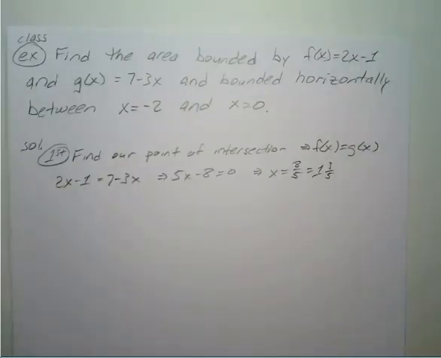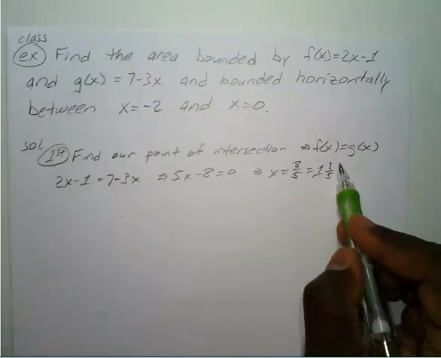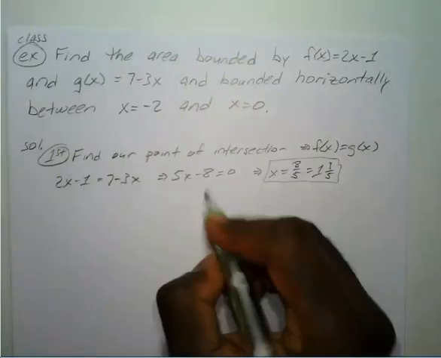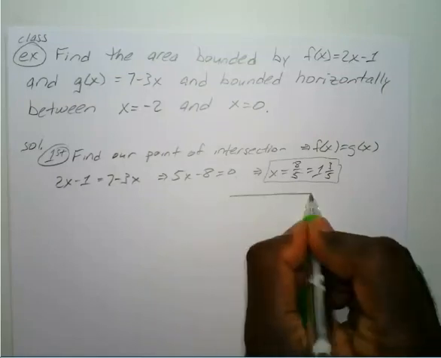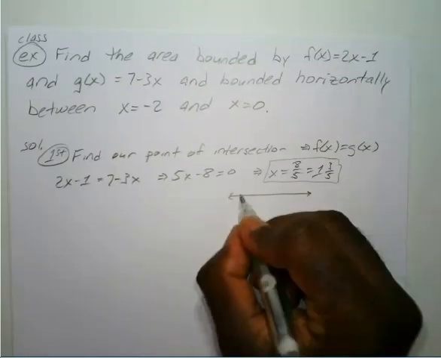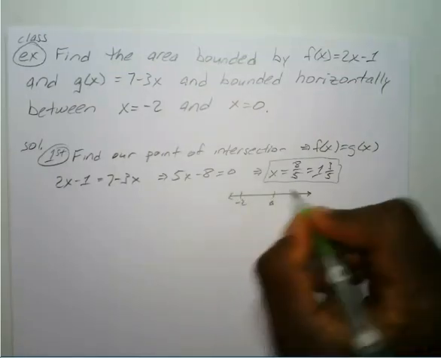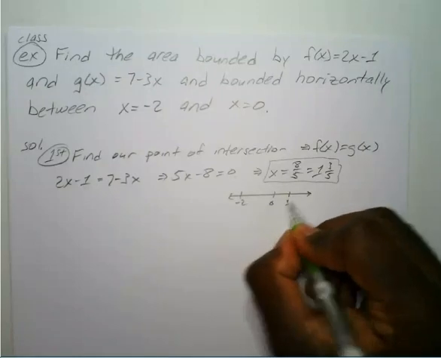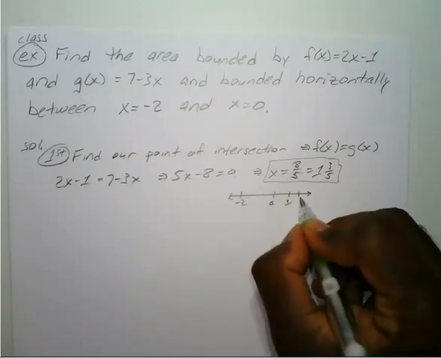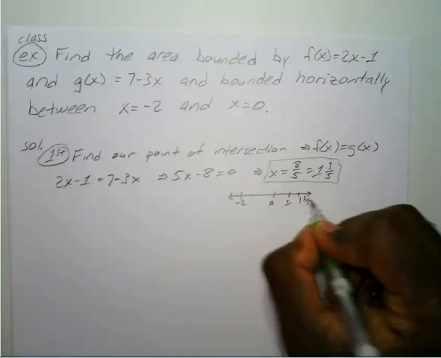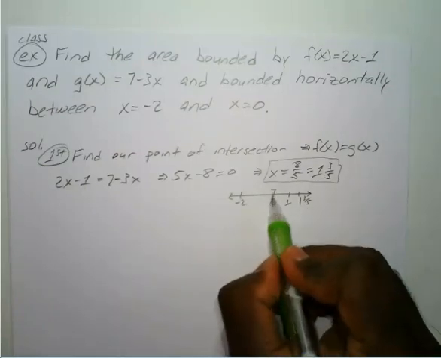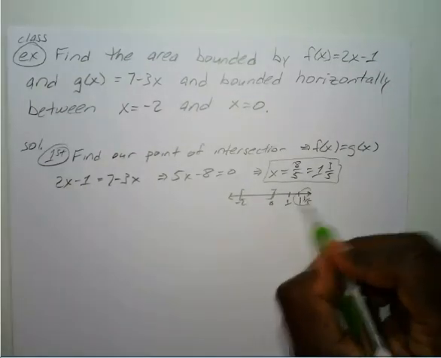Okay, so 1 3/5 is not in our interval. You have your -2, you have your 0, your 1 3/5 is going to be about right there, which we don't have to worry about.